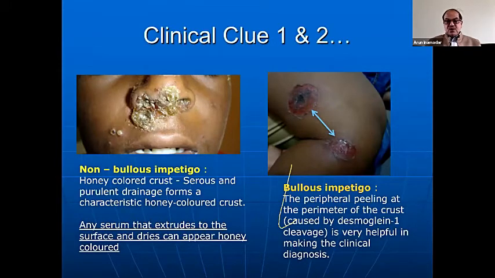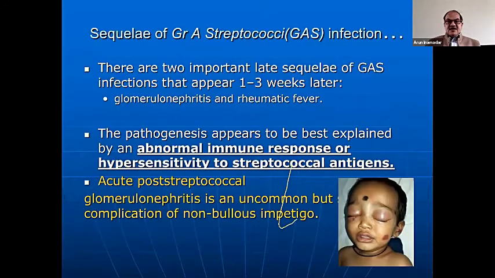Whereas in bullous impetigo, there will be peripheral peeling at the perimeter of the crust, which is caused by desmoglein 1 cleavage, and is very helpful in making the clinical diagnosis.